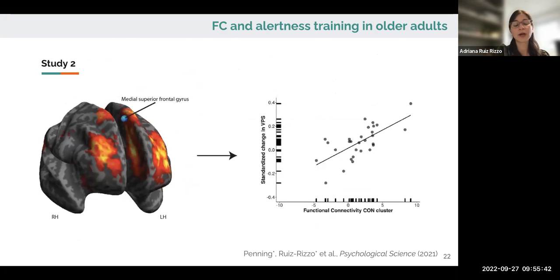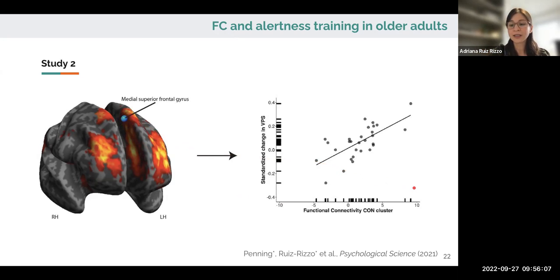Now, turning to the brain data, this is the cingulo-opercular network in this sample, all these yellow, red blobs. And we found one particular cluster located in the medial superior frontal gyrus that significantly correlated with individual gain in visual processing speed.